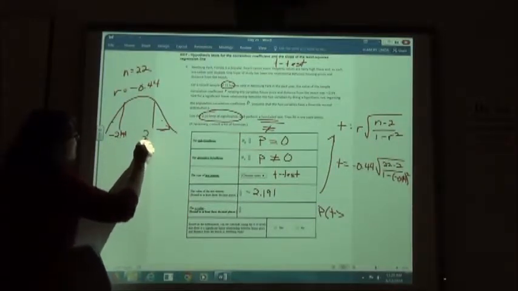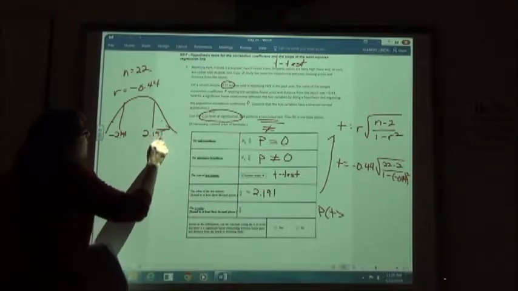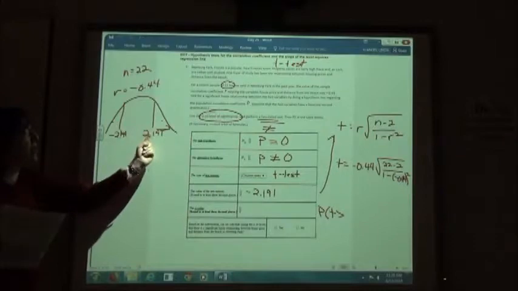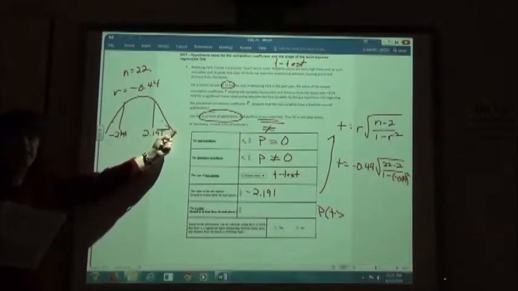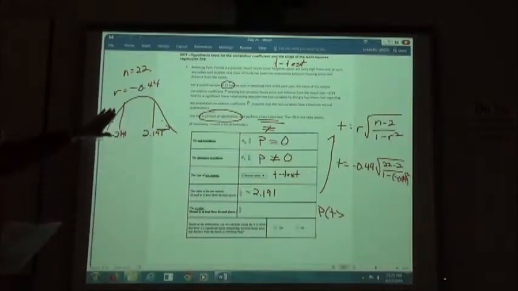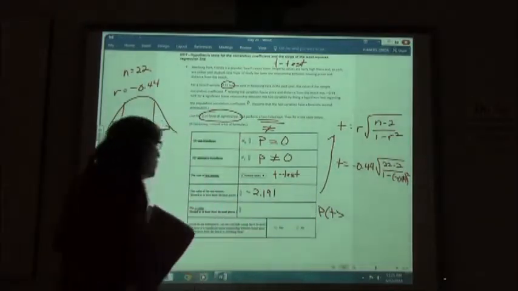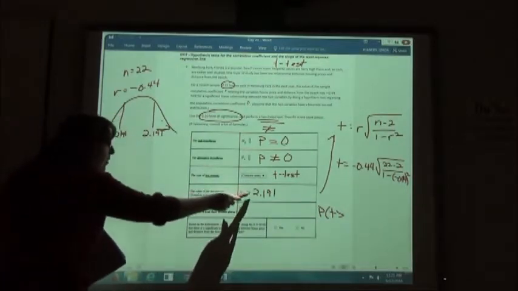This number here would be positive 2.191. So I have to be careful there. If it's a negative, we really want to do the positive if we're testing to the right. Otherwise, you could test to the left and do 1 minus. So 2 ways you could calculate your p-value.